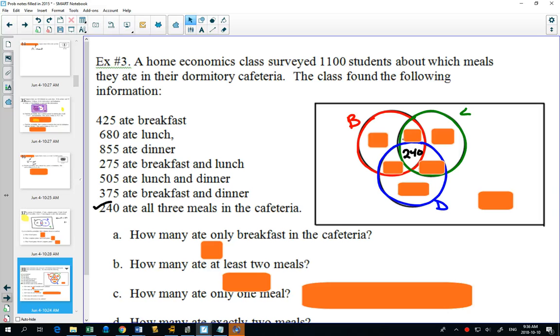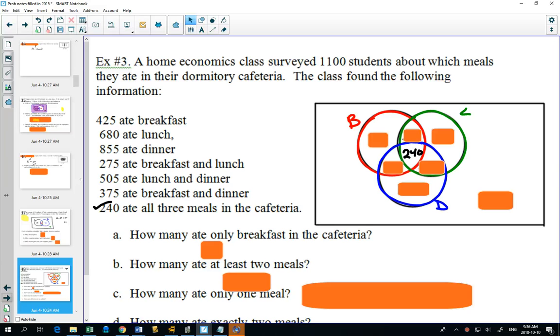It almost seems every time I see these questions, they put the one you can do first as the last piece of information. 275 ate breakfast and lunch. So that tells us that this one won't be 275.